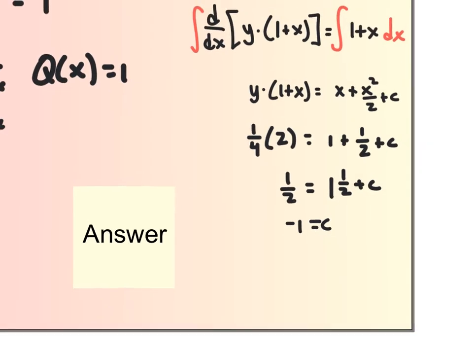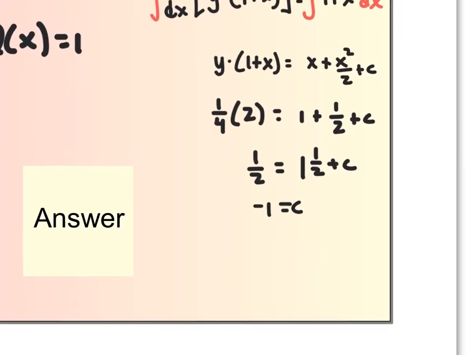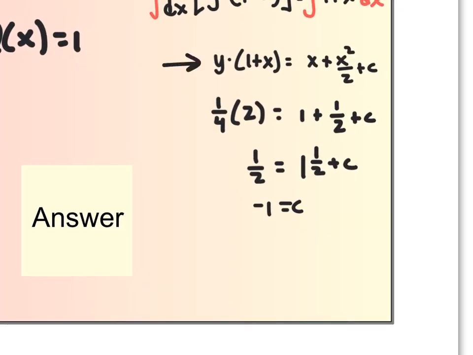Alright, so we go back and look at our function. I'm looking right here. So y times 1 plus x is equal to x plus x squared over 2 minus 1.